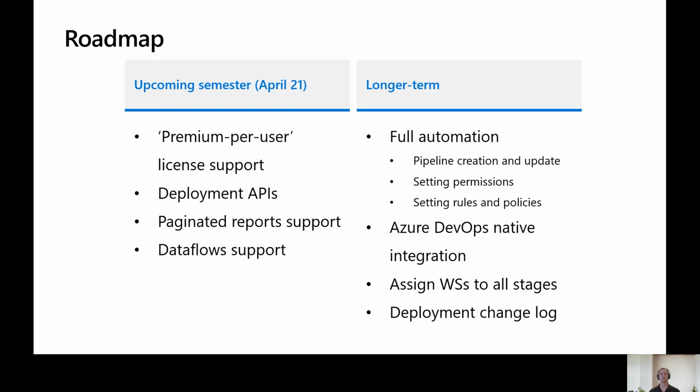We're also planning the ability to assign workspaces to all stages once you create a pipeline, so you are not obligated to create new workspaces if you already have those in place. And lastly, a changelog, where you can track what the content and updates are in each deployment to better monitor and track what's happened inside this pipeline.